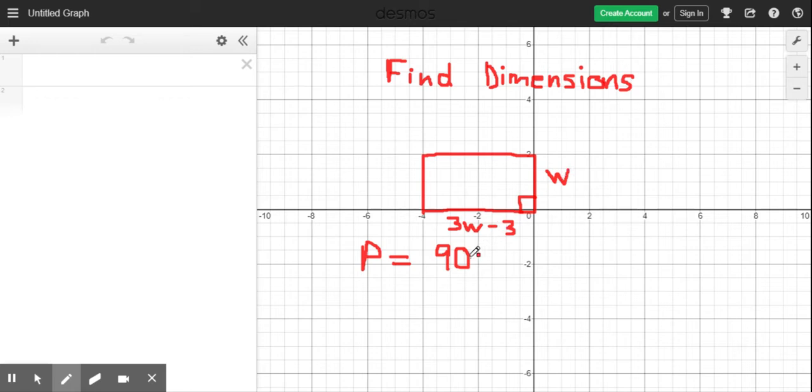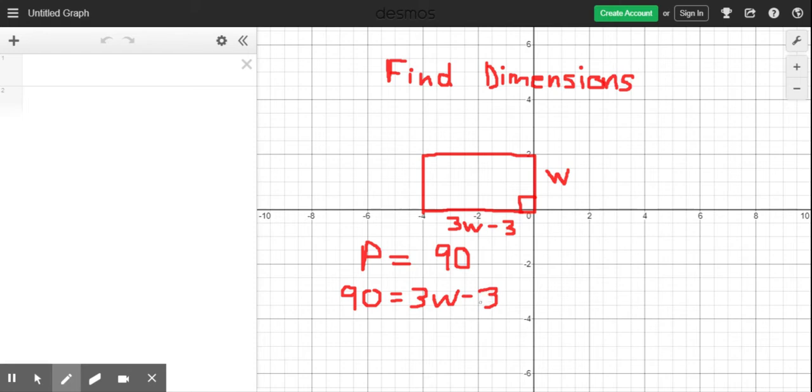The perimeter is 90. Now, the perimeter is the distance all the way around it. So we need to add up the distance all the way around it and set it equal to 90. So our perimeter of 90 is equal to, so we have the bottom side, the length is 3W minus 3.